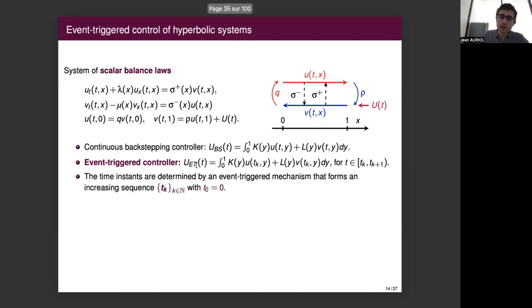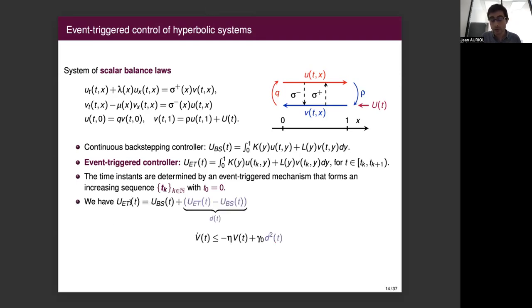So if you want to implement that, you need first to determine the event-triggered mechanism that forms an increasing sequence tk, so the sequence of triggering. And your event-triggered controller can be rewritten as U_BS, which is the time-continuous controller, plus a term which is the difference between this event-triggered controller and the backstepping controller.